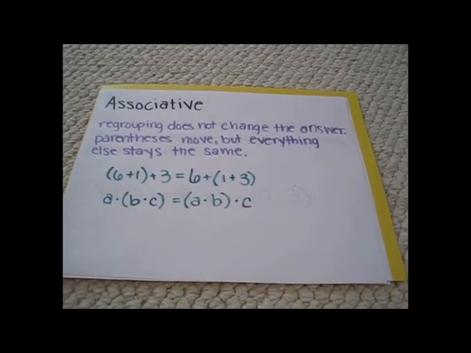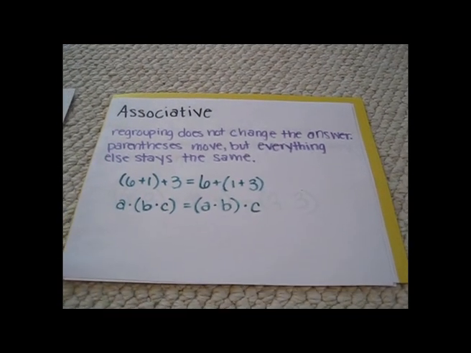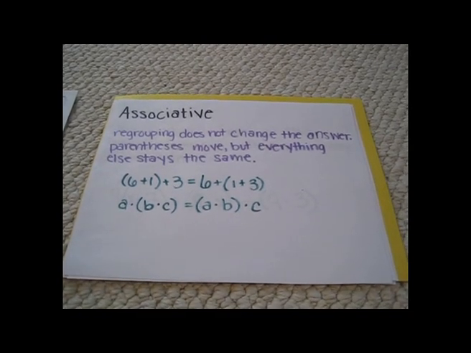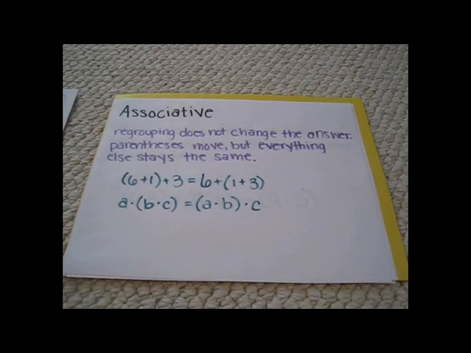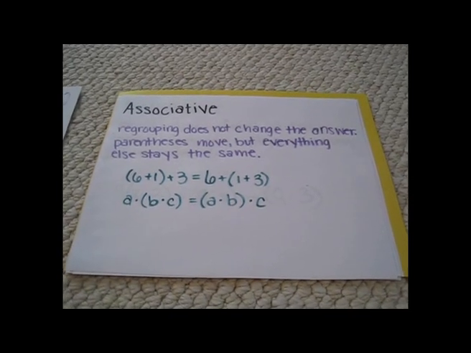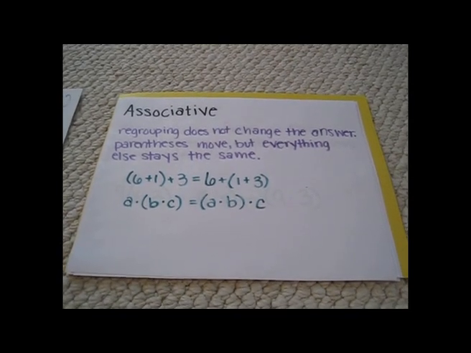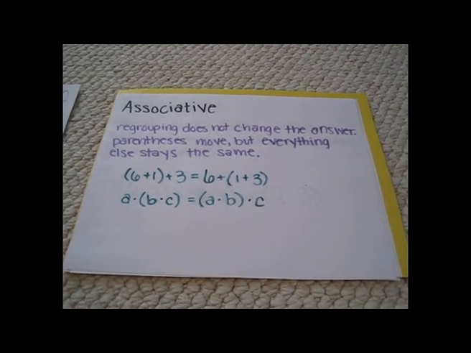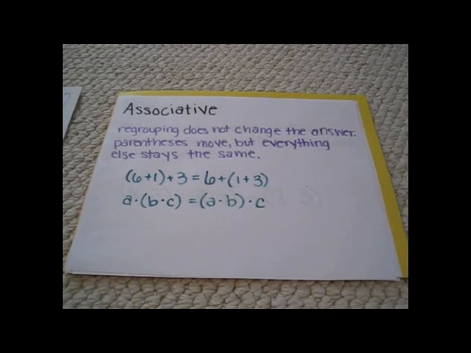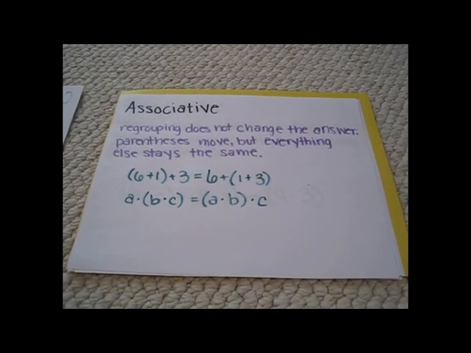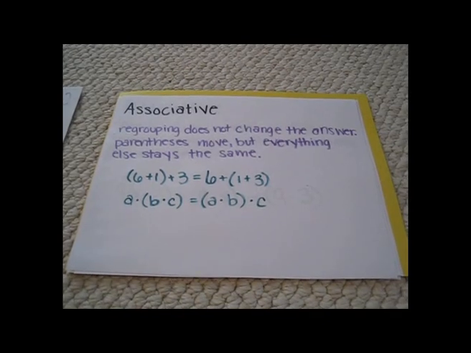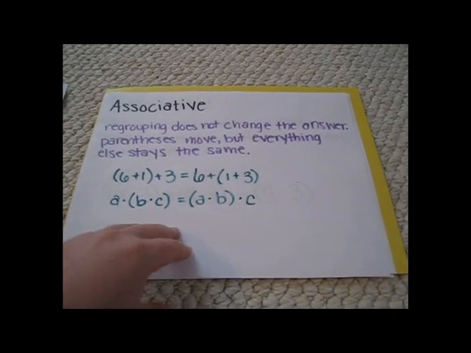The associative property is where regrouping the numbers or changing the placing of the parentheses doesn't change the answer. So the quantity of 6 plus 1 plus 3 equals 6 plus the quantity of 1 plus 3. Or A times the quantity B times C is equal to the quantity A times B times C.